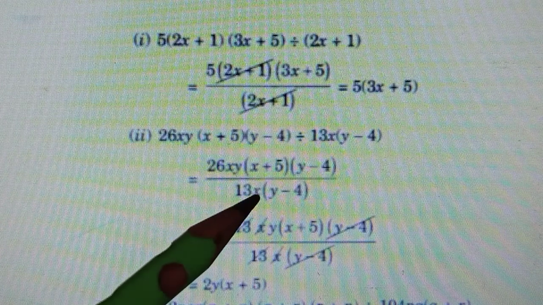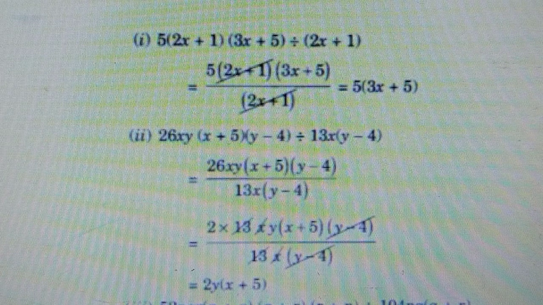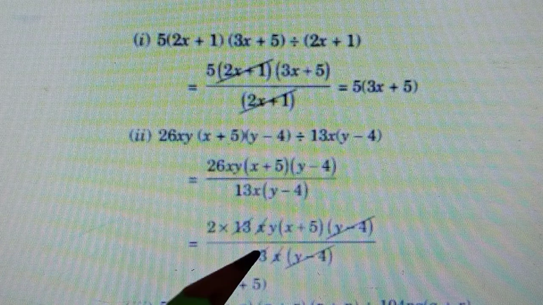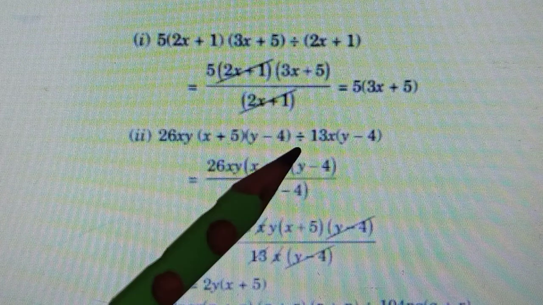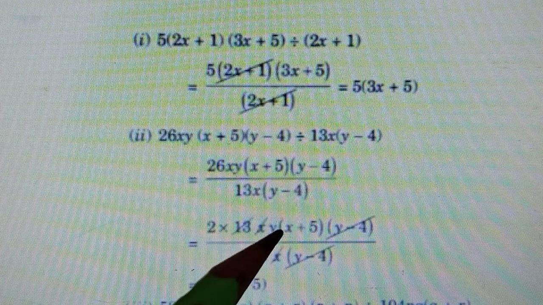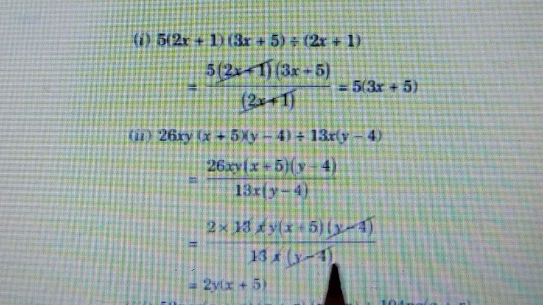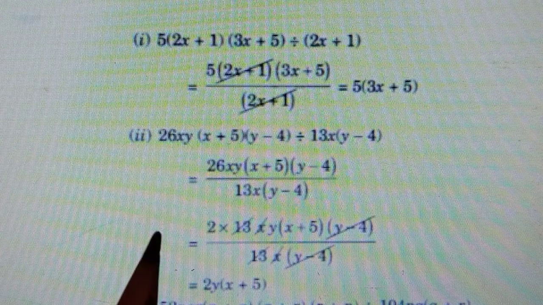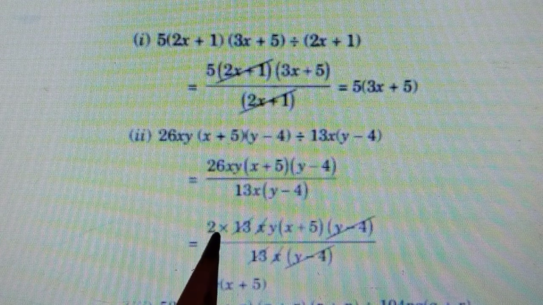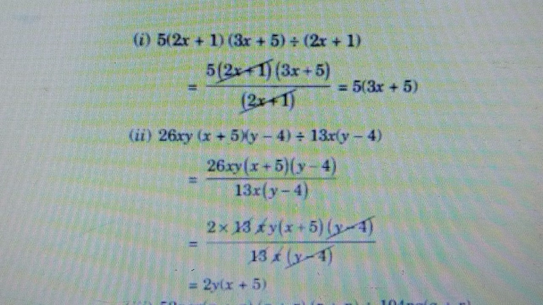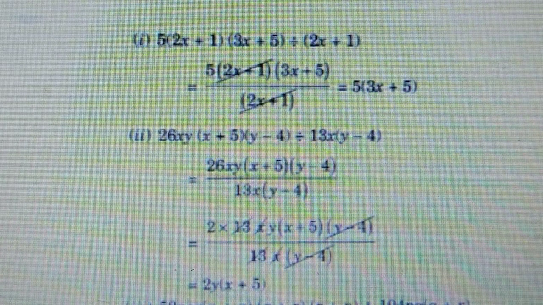Then with variable, you see x here would cancel out. Then y, no y was there, so that y will continue. Then you had a (y - 4) here, (y - 4) in denominator as well, so even that gets cancelled. So after cancelling, the leftover numerical value 2 was left, then a y was left, and (x + 5) was left. So that becomes your quotient.